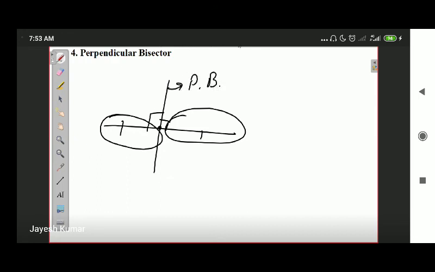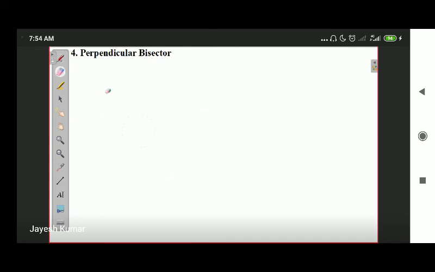So let's see, what does it mean in the sense of a triangle? For a triangle, a line bisecting any side of the triangle and perpendicular to it.